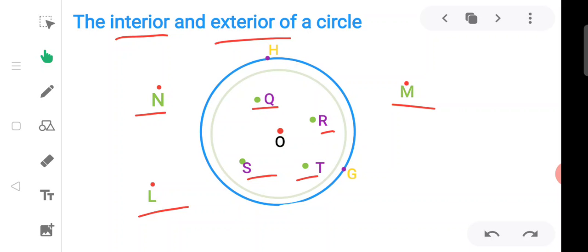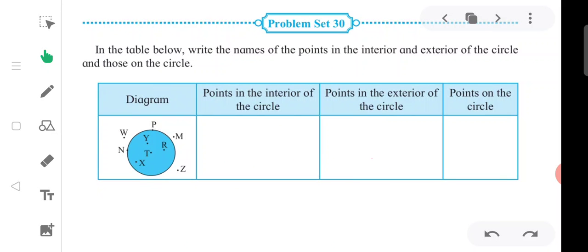Now, see here, there is problem set 30. The question: in the table below, write the names of the points in the interior and exterior of the circle and those on the circle. One diagram is given with some points.